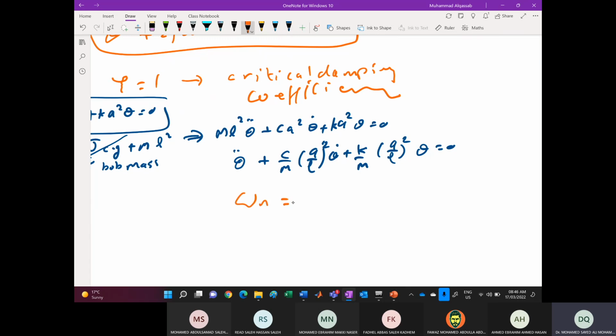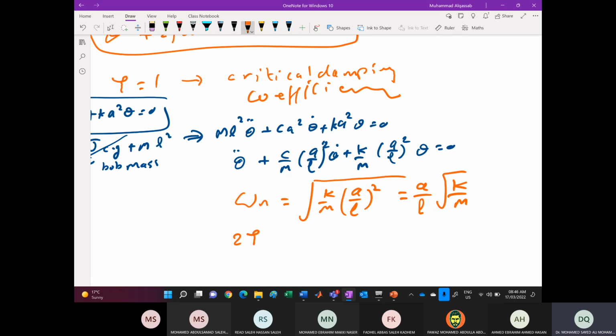So omega n is square root of K over M A over L squared, which we can take A over L outside, A over L square root of K over M. So as you can see, it is not square root of K over M only. This is obtained by comparing with the standard. And also 2 zeta omega n is the coefficient of theta dot, which is C over M times A over L squared.